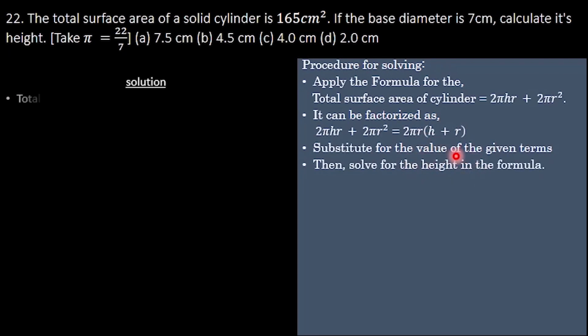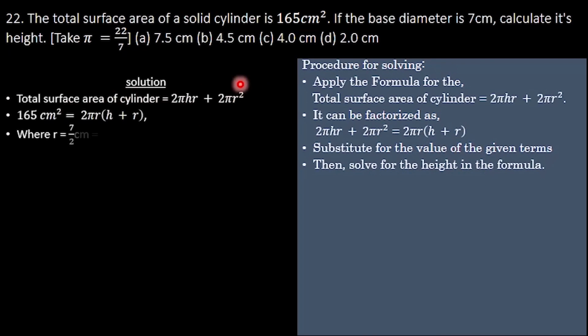Let's check the solution. The total surface area of a cylinder, this is the formula. Then let's substitute for the values. We have 2 pi h r plus 2 pi r square as 165 cm square.